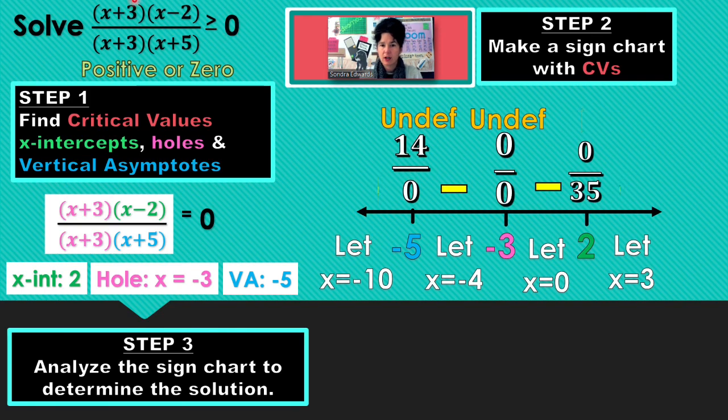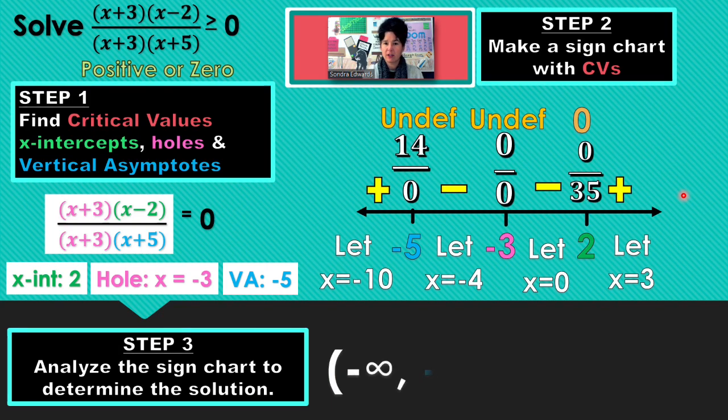So notice there, to the left of -5, any x value we substitute in generates a positive. Okay, also, right there at 2, I substitute 2 and I get a 0. And then if I pick any number to the right of 2, I get a positive. So anything to the right of 2 also works.